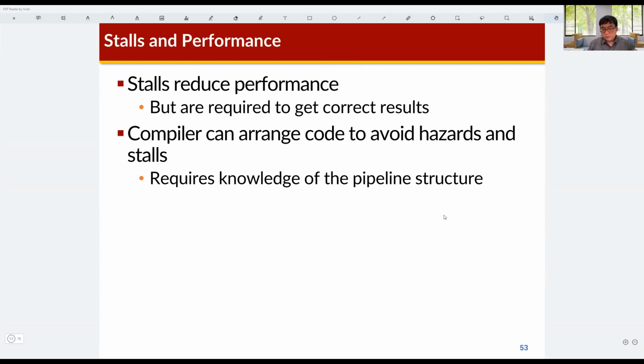In the first class on pipeline architecture, I explained that if we build an n-stage pipeline processor, then the performance of the pipeline processor can be, I said can be, not always, n times that of a single cycle processor.